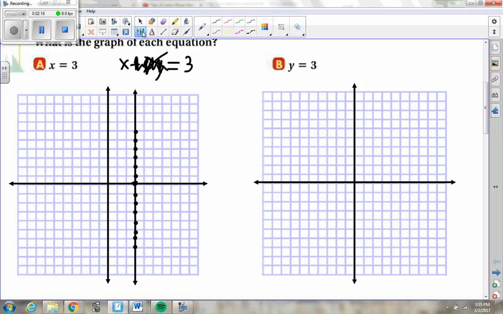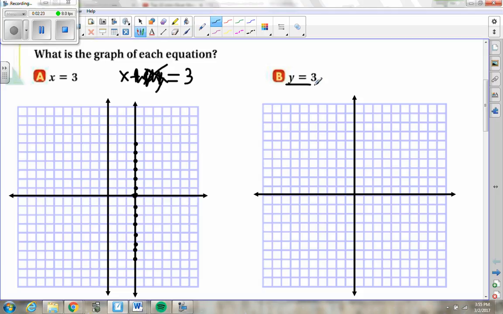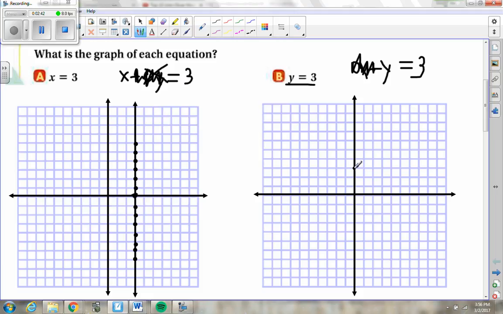When we deal with the y variable, when we deal with an equation that looks like y equals 3, that's like saying 0x plus y is equal to 3. And again, the 0x doesn't really need to be there, and all we have is y equals 3. This line is the list of all the points where the y value is 3, starting obviously right here on the y-axis. But that's not the only point where the y value equals 3.